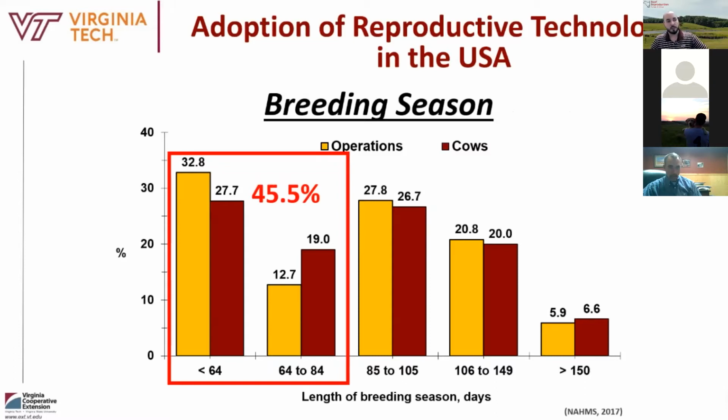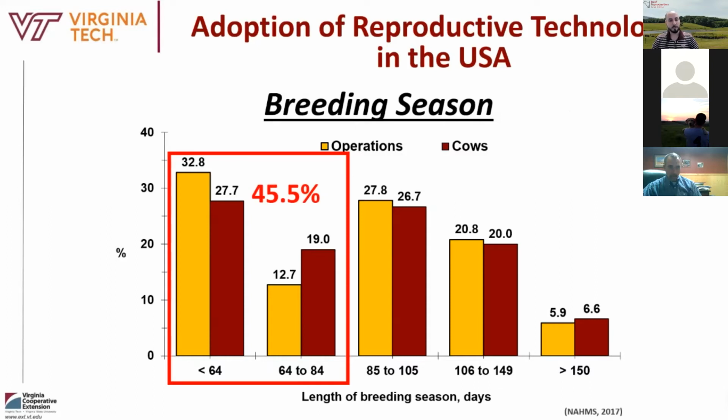For example, adoption of a breeding season in beef cow-calf operations in the United States. So in yellow is the percentage of operations, and in red, the percentage of beef cows that are under different lengths of breeding season, right?